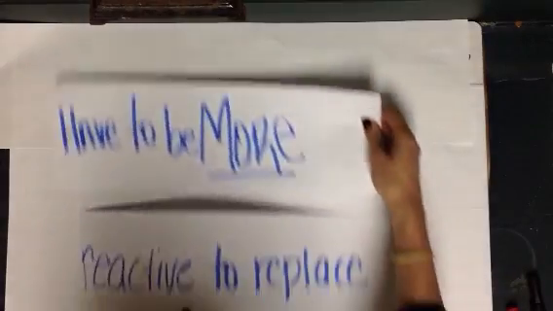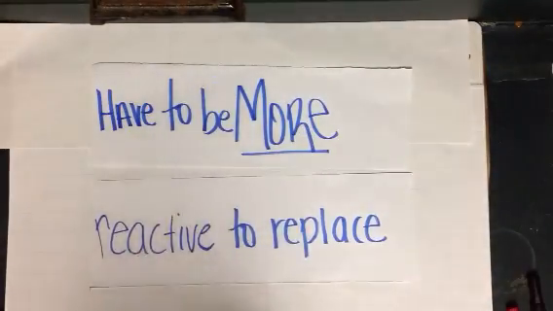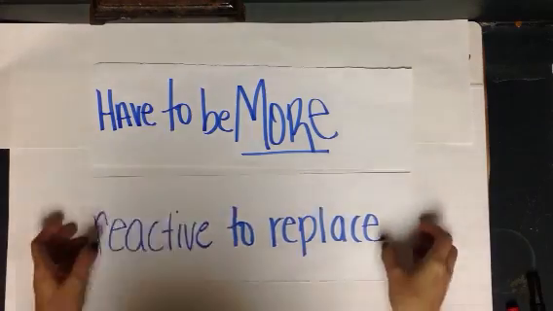This you do not have to memorize. Okay? So you have to be more reactive to replace in single replacement. A metal has to be more reactive to replace another metal, or a nonmetal needs to be more reactive than another nonmetal.